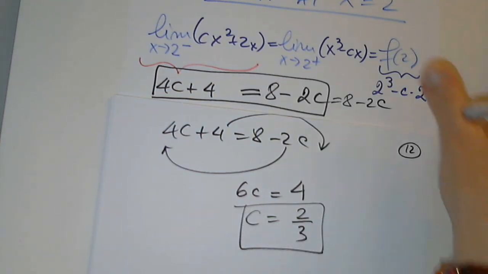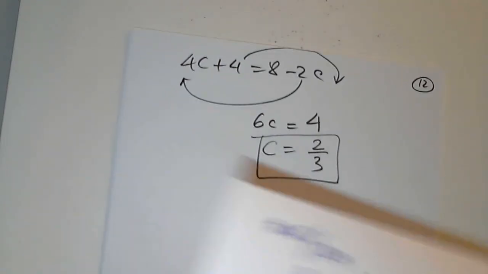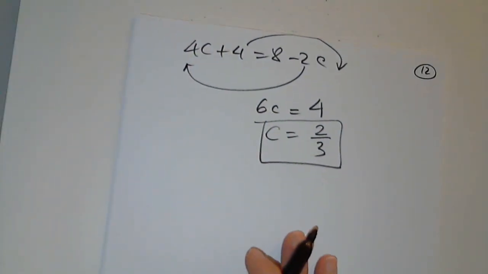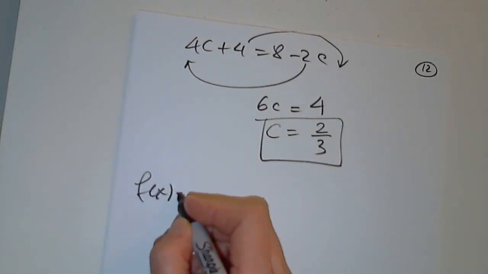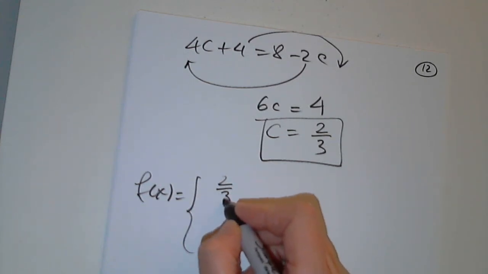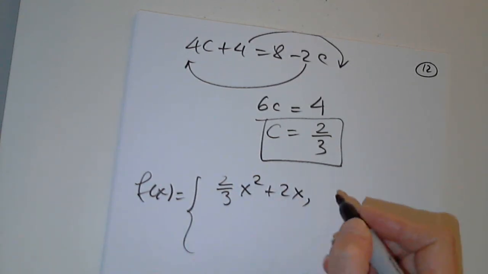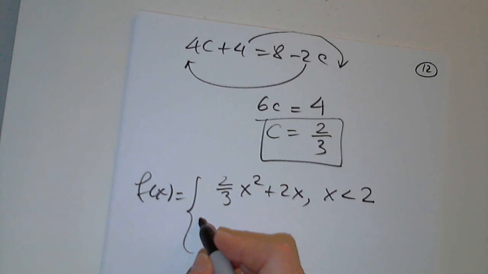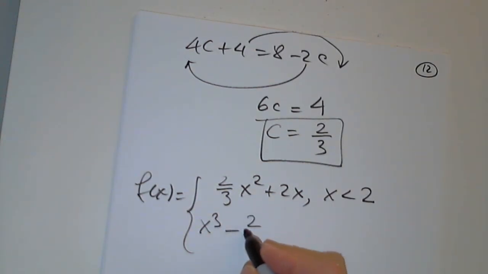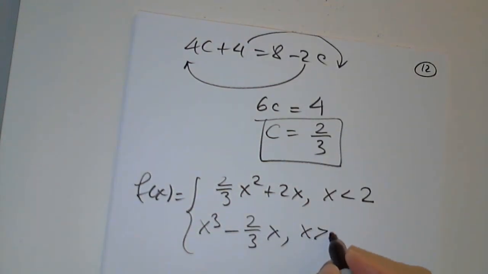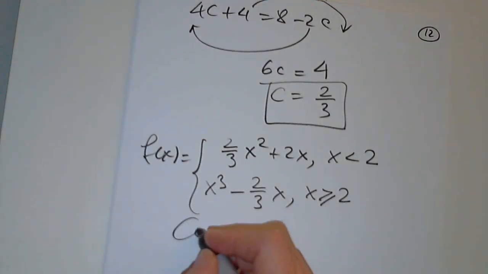I have to rewrite the function with 2/3 in it. So f of x equals 2/3 x squared plus 2x, x less than 2, and x cubed minus 2/3 x, x greater than or equal to 2. What can you say about this function for sure forever?